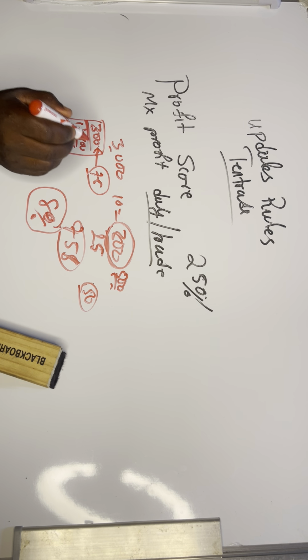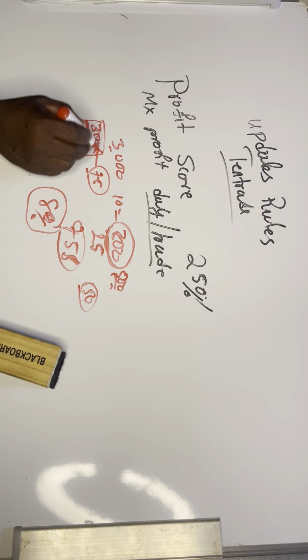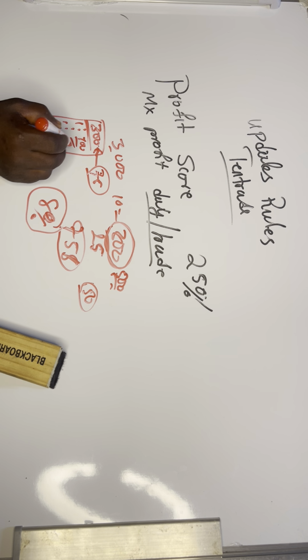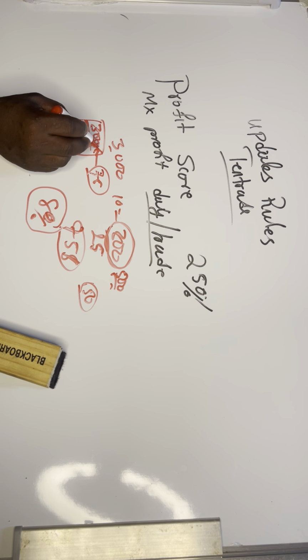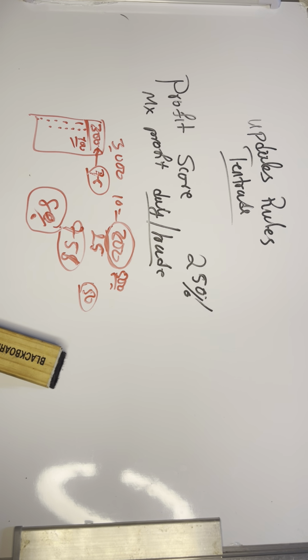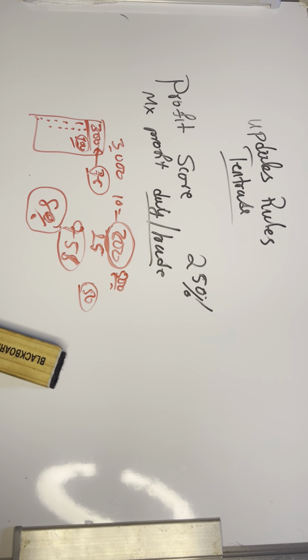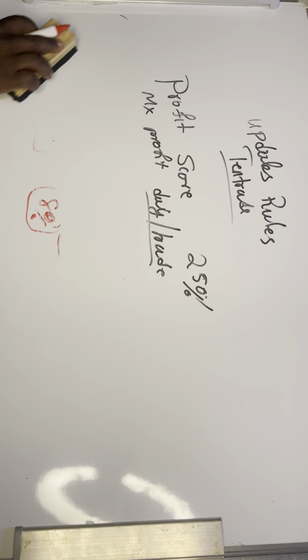Now 25% of $400 is not going to be 75 again. Maybe we'll raise it now to 500. Now 25% of 500 will not be 75 again, which means you want to trade to reach a total profit in a way that the profit score of that amount will be more than your highest profit that you have made. I don't know if this is clear to you guys.